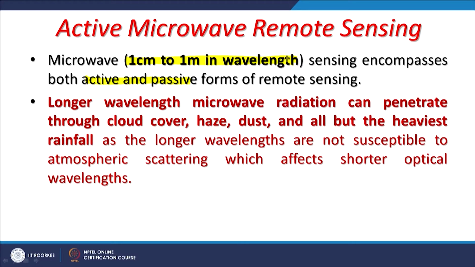Now, longer wavelength microwave radiation, as you know, can penetrate through cloud cover, haze, dust and all but the heaviest rainfall, as longer wavelengths are not susceptible to atmospheric scattering, which affects shorter optical wavelengths. That is a very simple thing which we have also discussed while discussing different laws in remote sensing, and also when we were discussing atmospheric effects in remote sensing data.